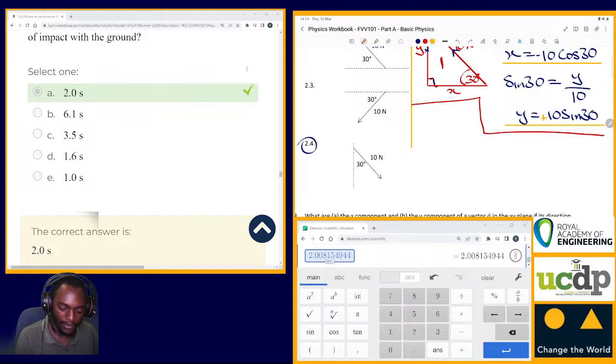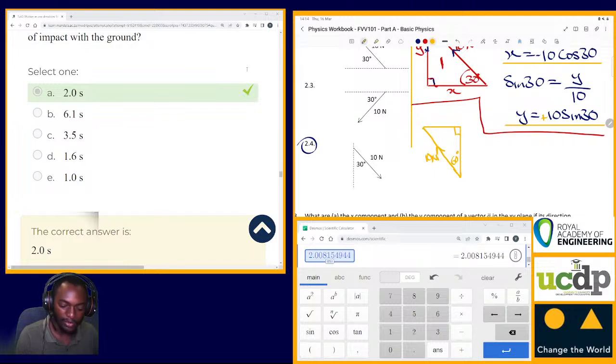This is our triangle, and this is our right angle. We realize that this is 60 degrees, and this is a magnitude of 10 newtons.